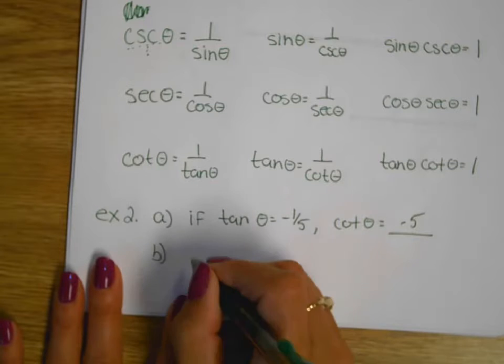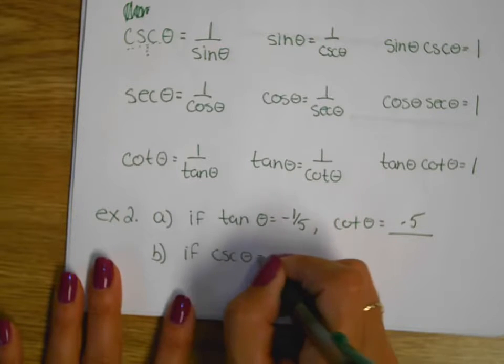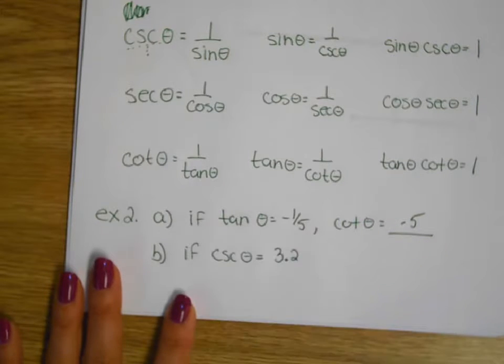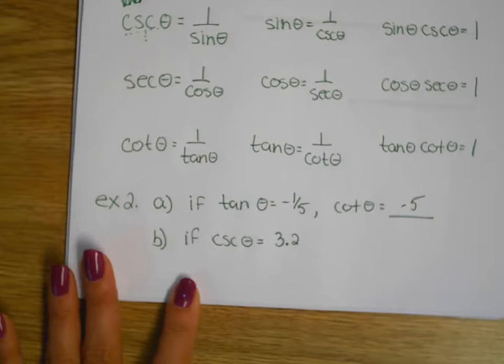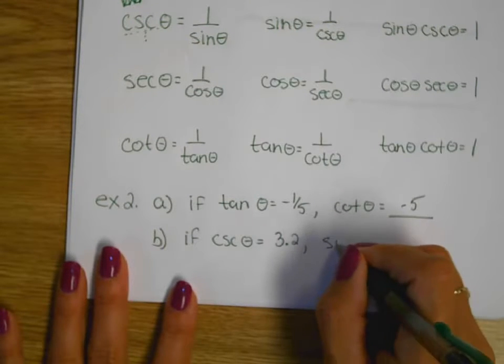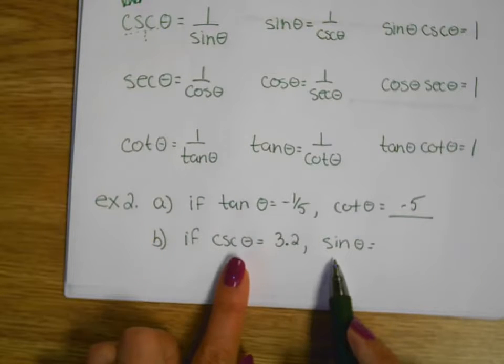We've been doing that. What if I give you 3.2 for the cosecant, and I ask you for sine? Well, how are cosecant and sine related? They're reciprocals.